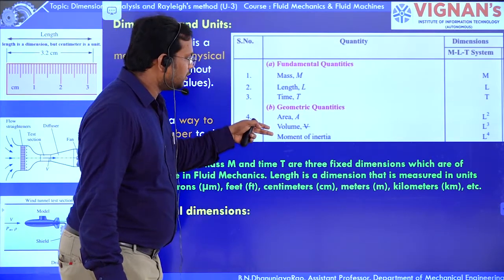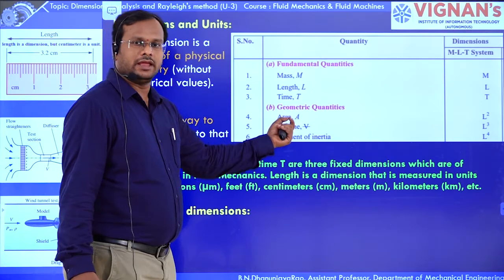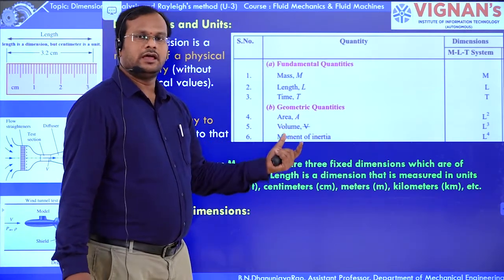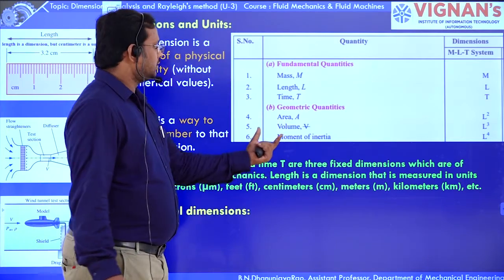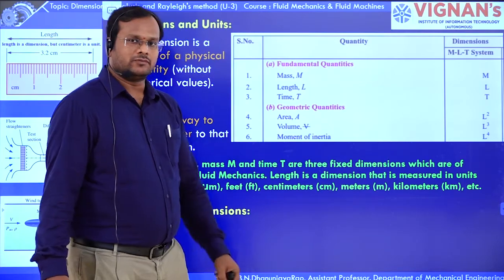These are the geometric quantities. Here it is area, represented by A. What is the dimension of area? L square. Volume is L cube. Moment of inertia is L power 4.